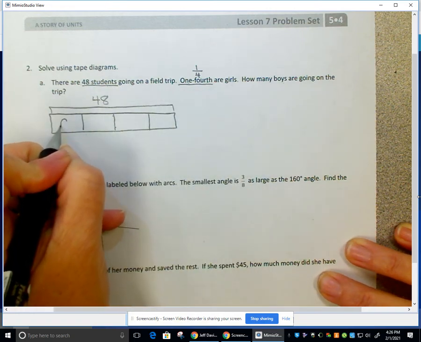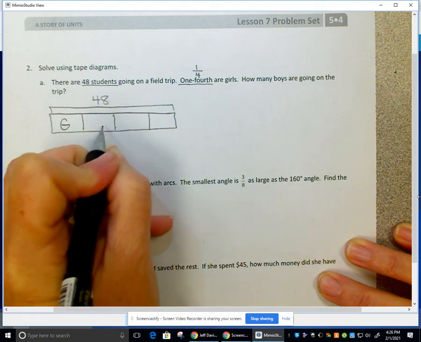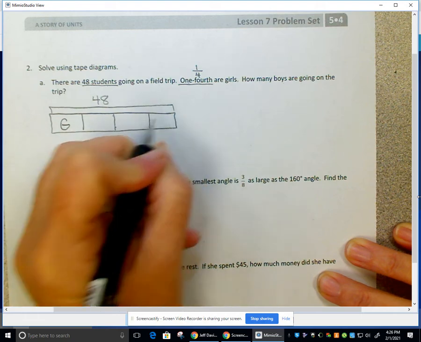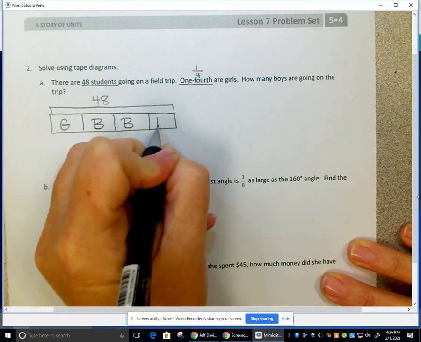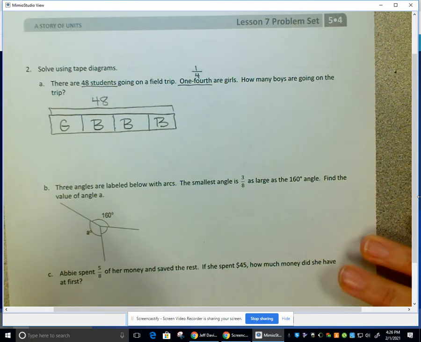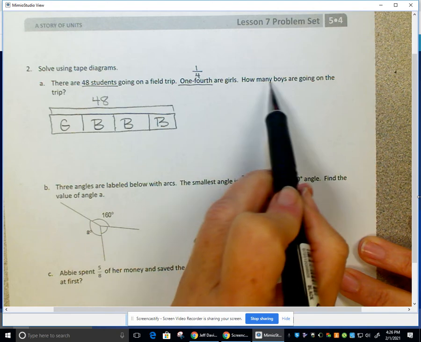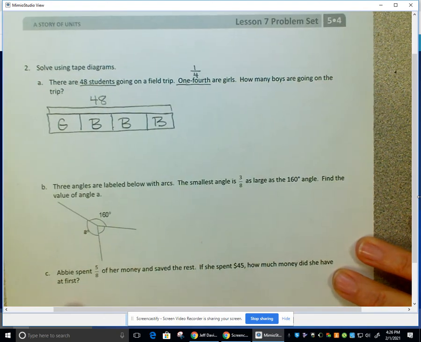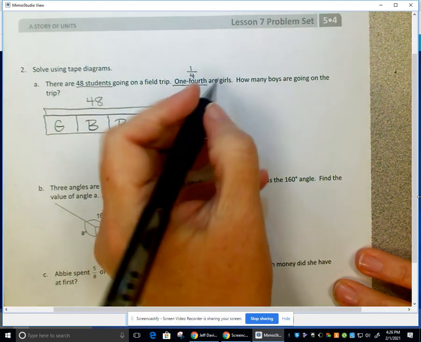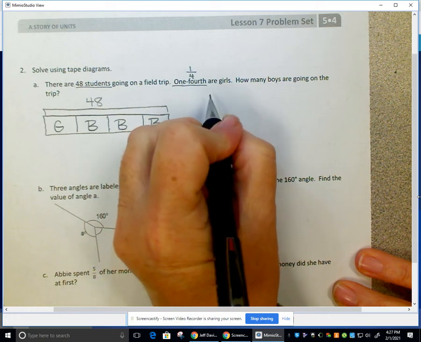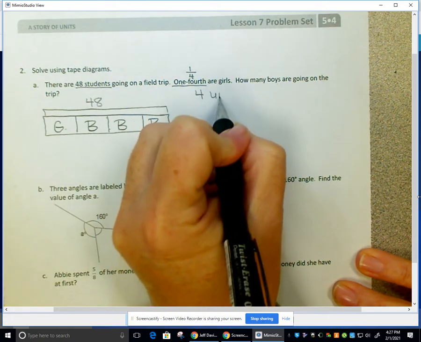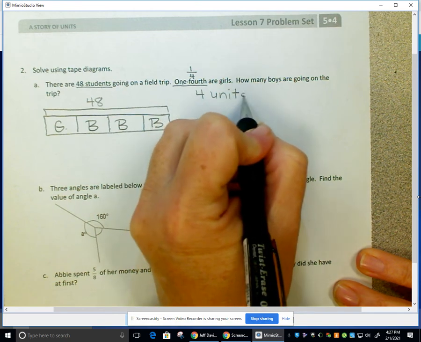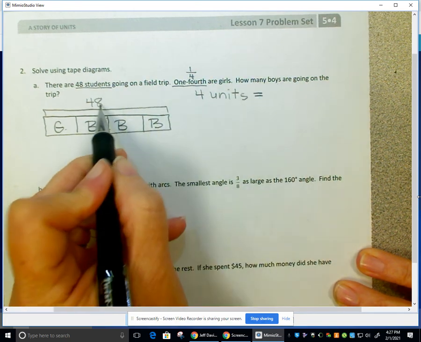So here's my girls. So if this is girls, then what's left could only be boys. Now, they want to know how many boys are going on the trip. Well, let's start writing our units down. We know we've got 4 units, and that equals 48 in all.